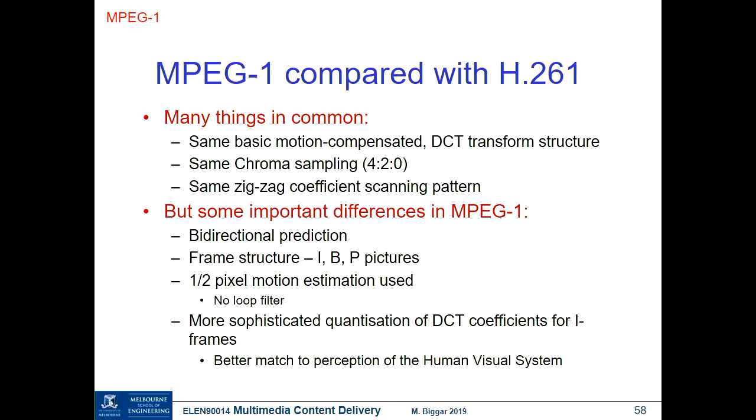And with the experience of coding using H.261 and more tests with human subjects, they just used a more sophisticated quantization method, but that's kind of detail. But let's talk about these features, because these are the ones that really distinguish the MPEG encoding structure.